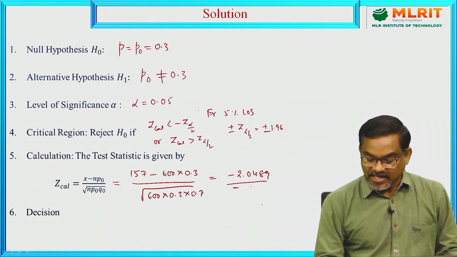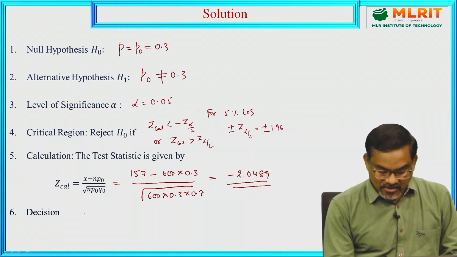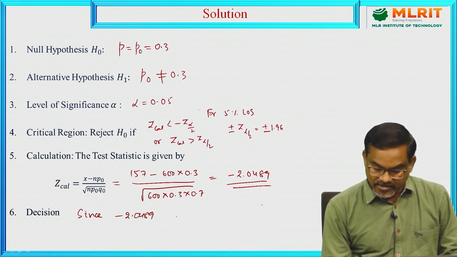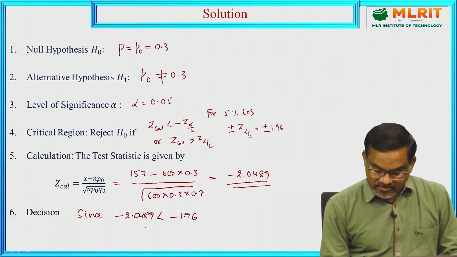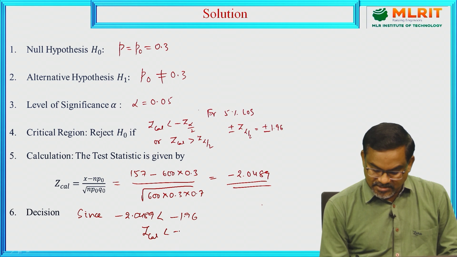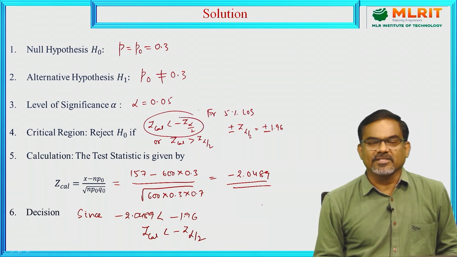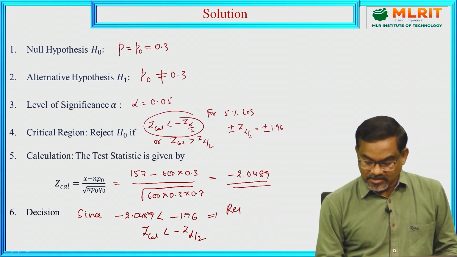So this is the calculated value and which is negative. So compare with the negative tabular value, minus 2.0489 and minus 1.96, which is less than. So Z calculated is less than minus Z alpha by 2. If Z calculated is less than minus Z alpha by 2, we have to reject H naught.